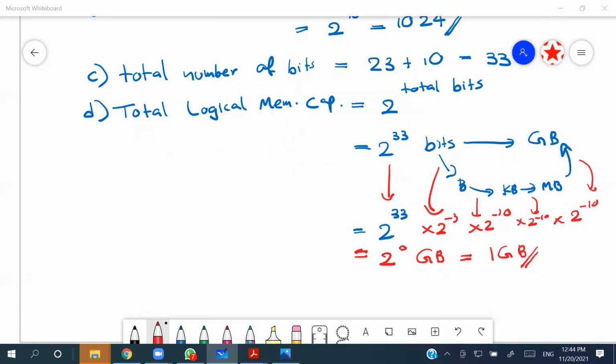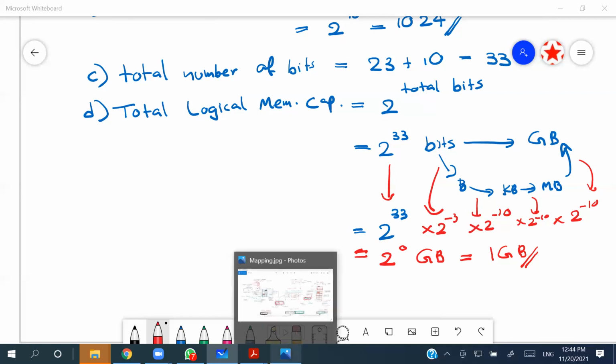So it is the total memory capacity, which is 1 GB.